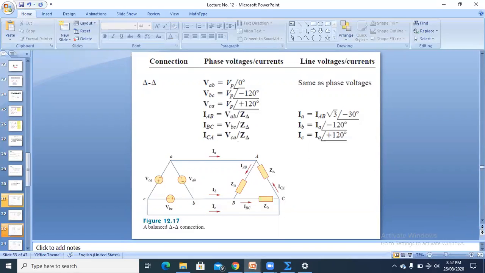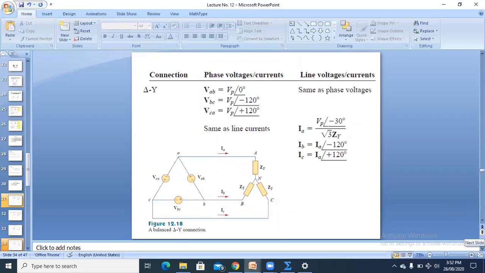Next we have the delta to Y system. In that system, we have the phase voltages, and these phase voltages are the same as the line voltages.